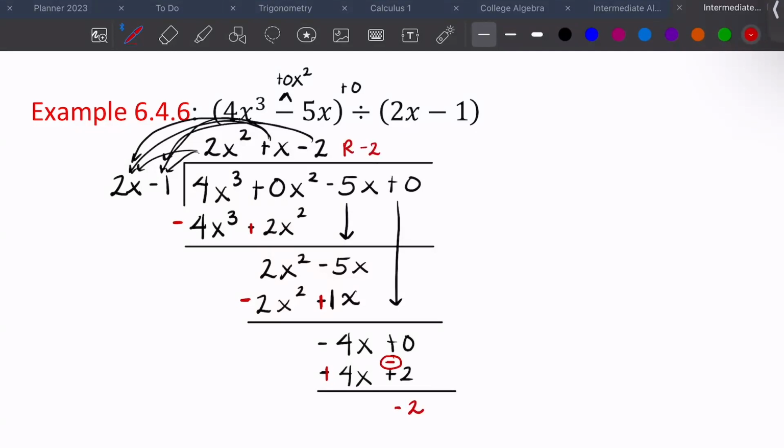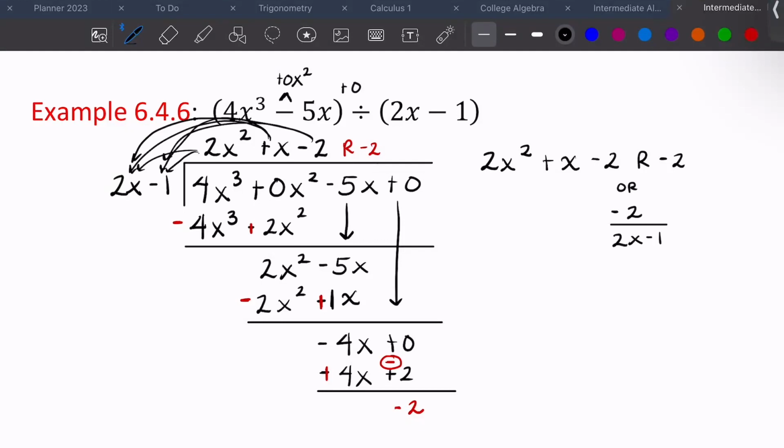Okay, so if we were writing our answer, we would say 2x squared plus x minus 2 with a remainder of -2. On your homework, you need to write that as -2 over 2x minus 1.